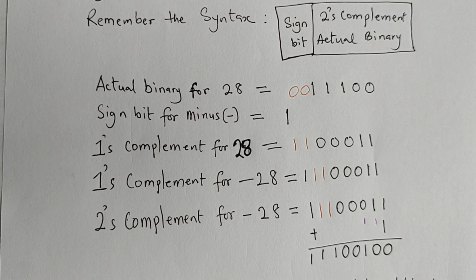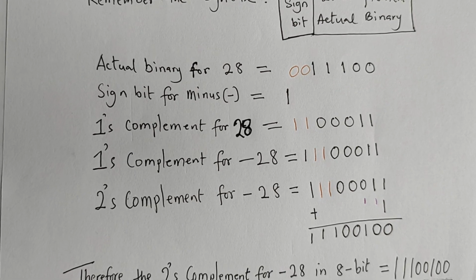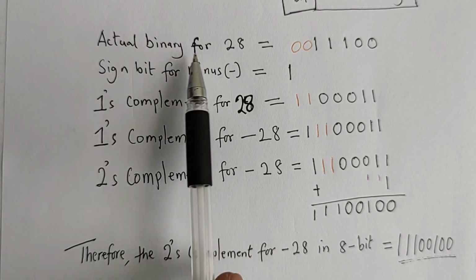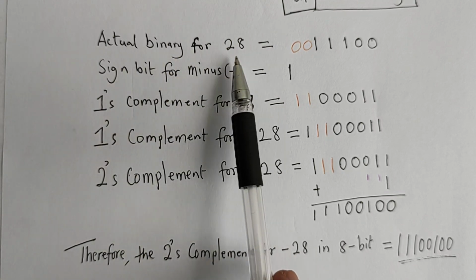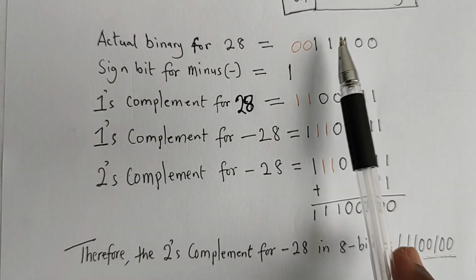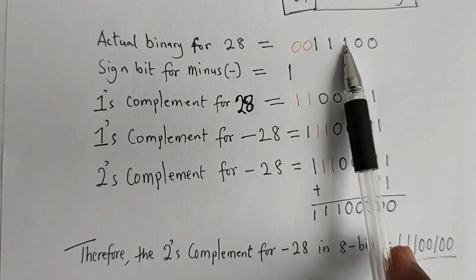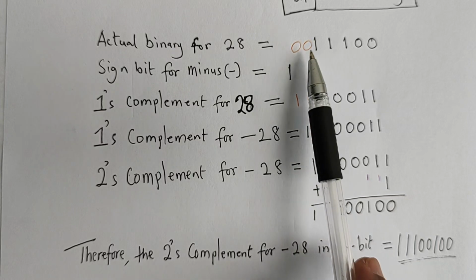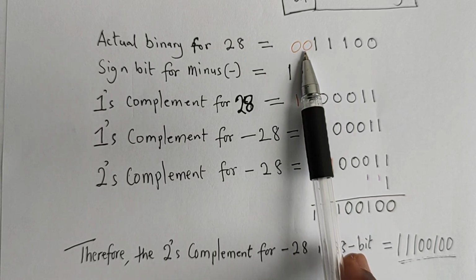Now, having said that, the actual binary for 28 is equal to 11100. So in this case, we need to do 0 padding.